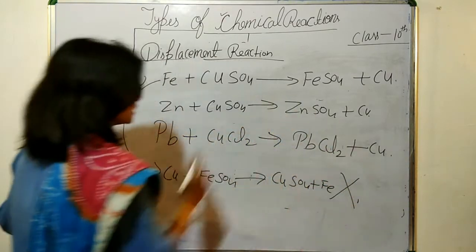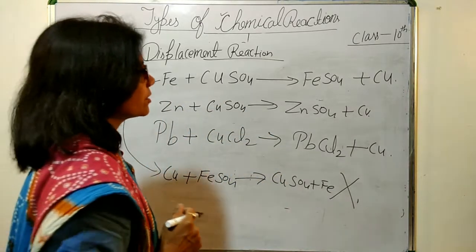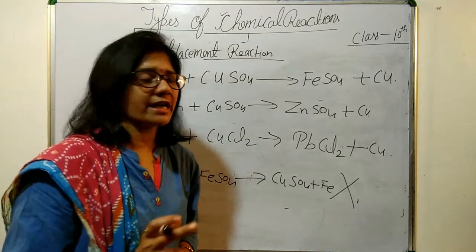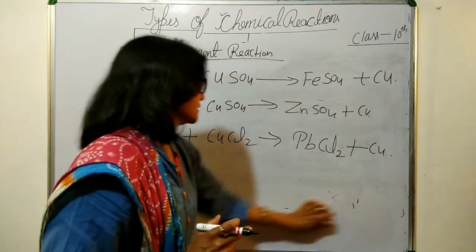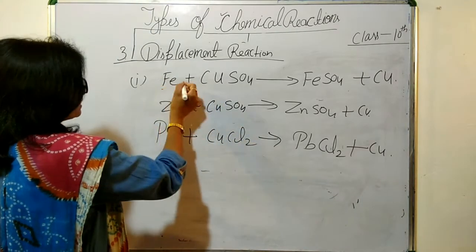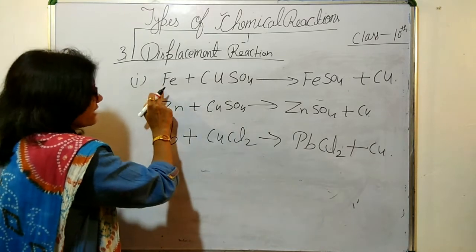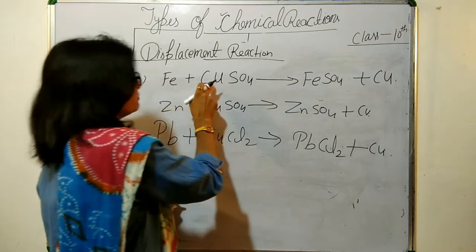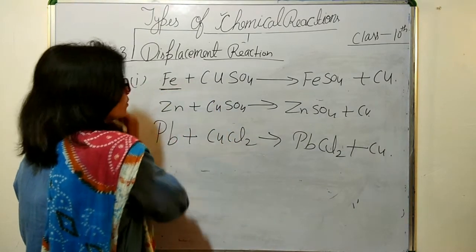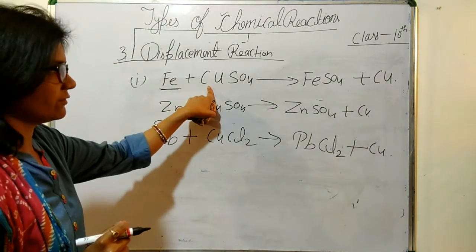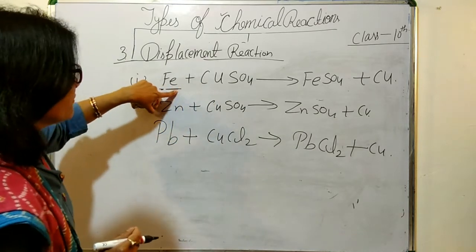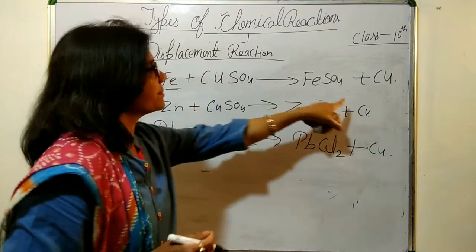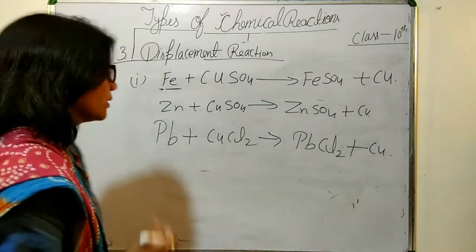No. This reverse reaction is not possible, because there is a condition for this displacement reaction: a metal will displace another metal only when it is more reactive than the second one. Here Fe is more reactive than copper, so it can replace the copper.